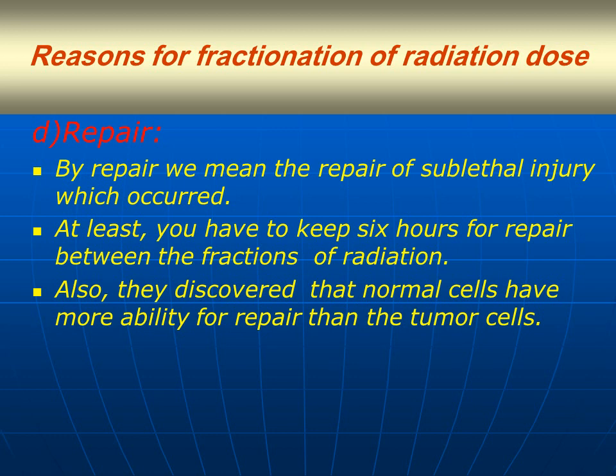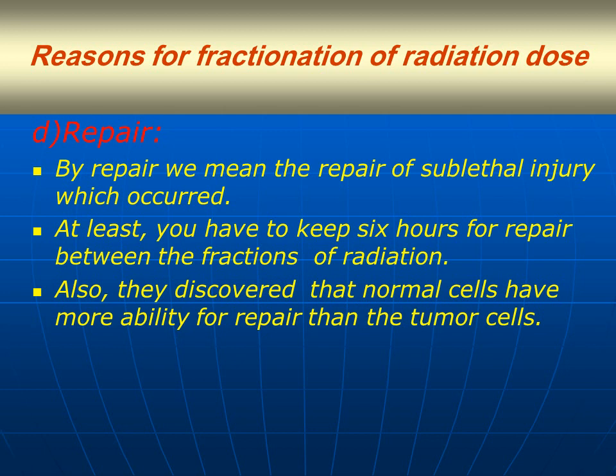The fourth reason is repair. By repair, we mean the repair of sublethal injury which occurred. That's to say, you have to keep at least 6 hours for repair between the fractions of radiation.